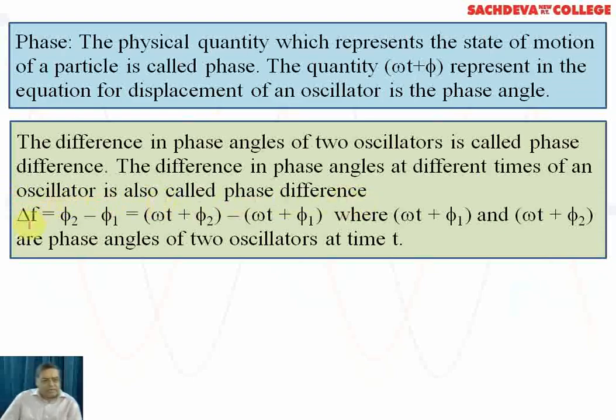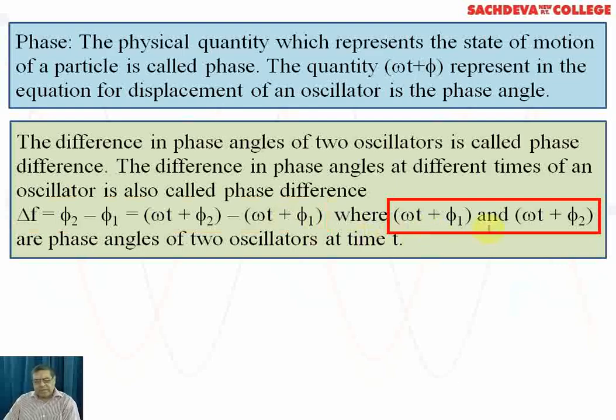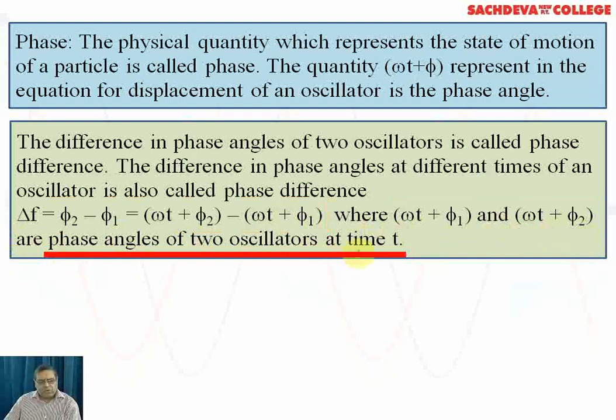Now we have written here delta phi, and delta phi is equal to phi 2 minus phi 1, that is, phase at one position, phase at the other position, and their difference, which is taken as omega t plus phi 2 minus omega t plus phi 1, where omega t plus phi 1 and omega t plus phi 2 are the phase angles of the two oscillators at time t.